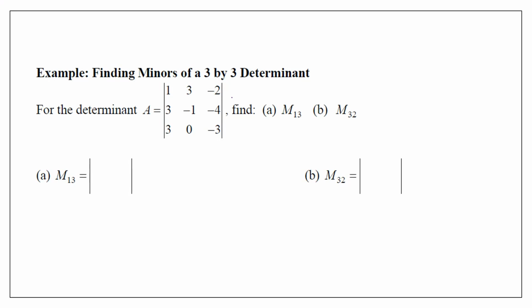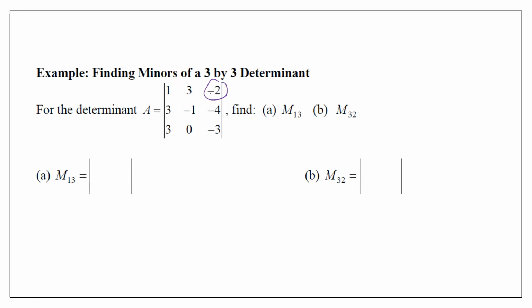We want the minor that is formed with the entry at subscript 1,3, so row 1, column 3.